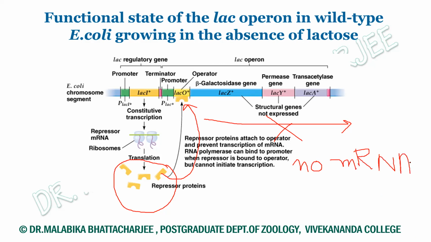Negative or positive control depends on whether the controlling elements are allowing the gene to be transcribed or not. Here, the repressor controlling element is not allowing the gene to be transcribed. Hence, the normal condition via which repressor exerts its effect is a negative control. As I said, there is no mRNA production.